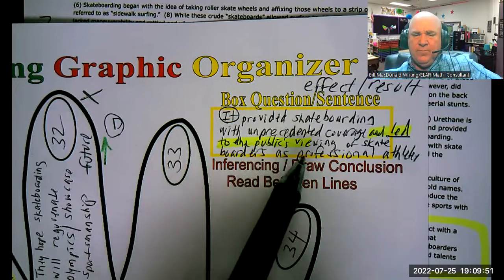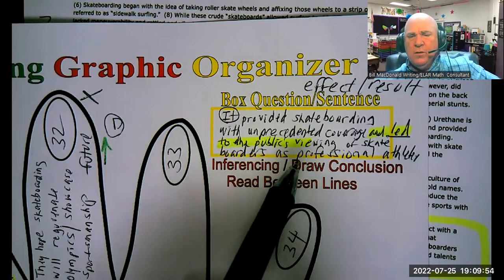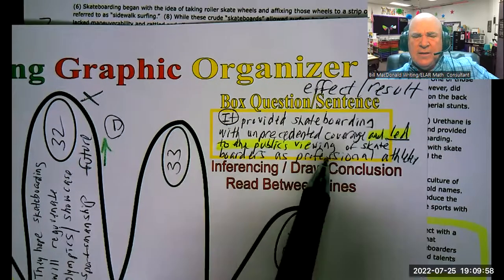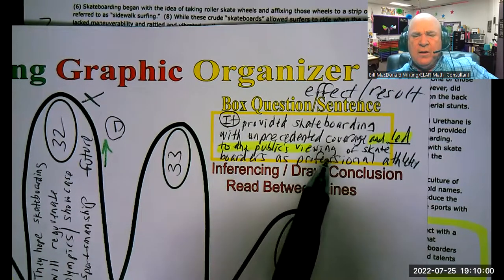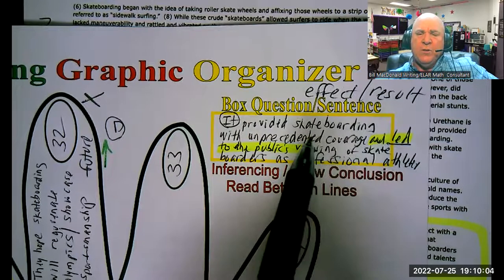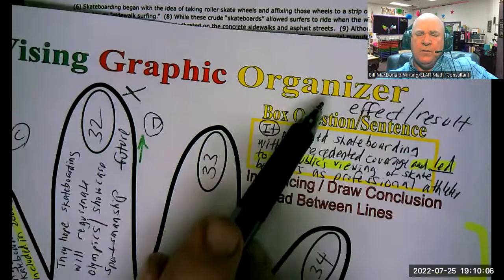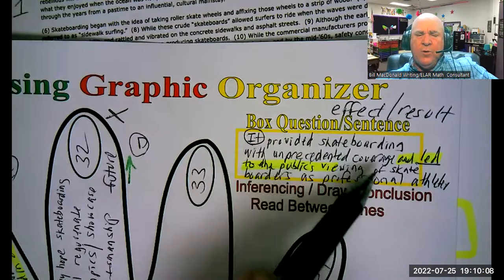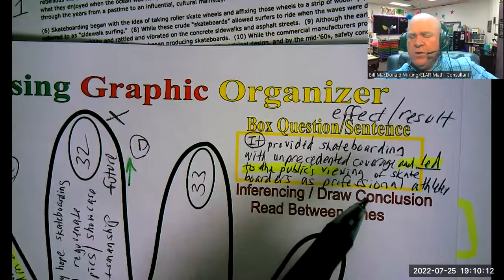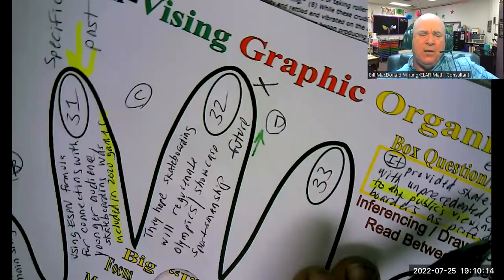Since common grammar can lead you to understand that something leading to something else is an effect or a result, we would need a cause to happen before this sentence. So that's what we'll be focusing on. So I have my hand here.